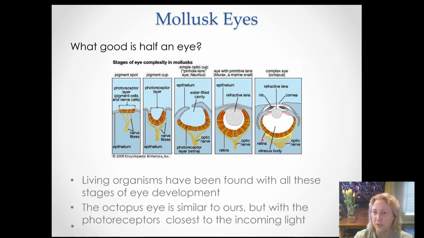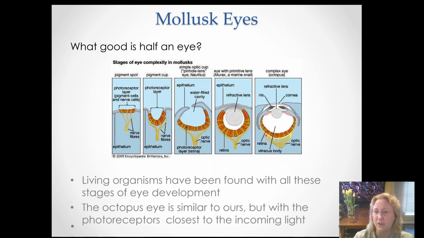Now the most complex kind of eye, very similar to our own eye, is found in octopus and squid and cuttlefish. And this has very similar features to our own eye: a lens that accommodates for distance so they can focus crisp images on things at a distance and close up, a transparent living cornea, a retina, an iris that opens and closes for different amounts of light.